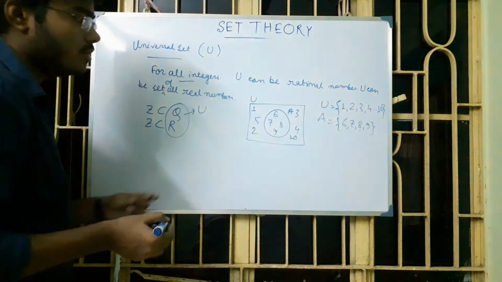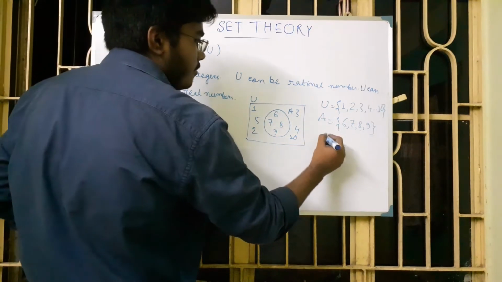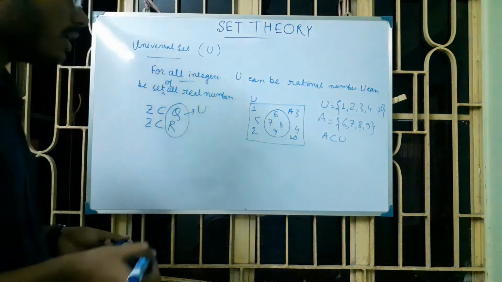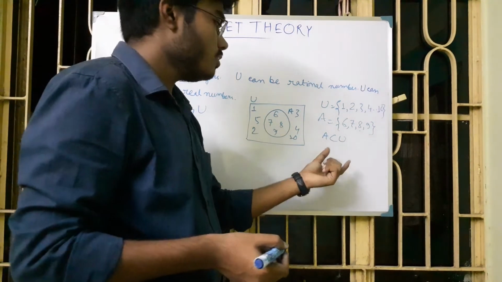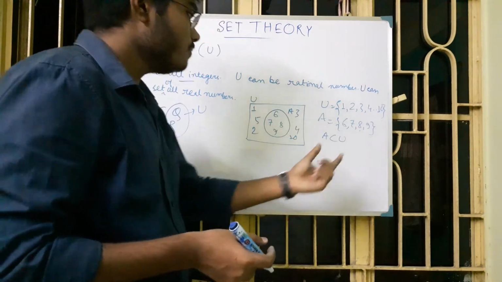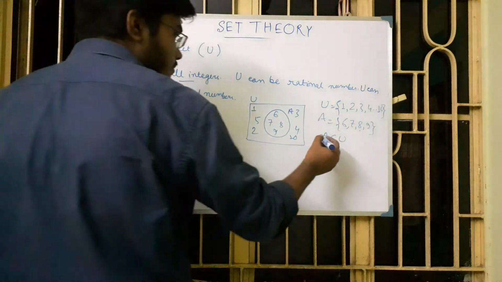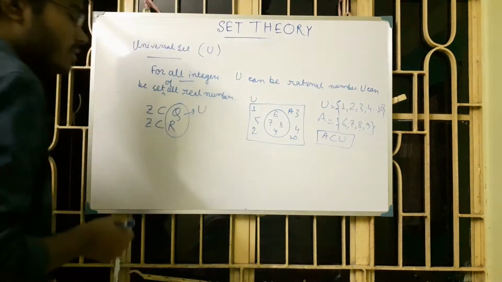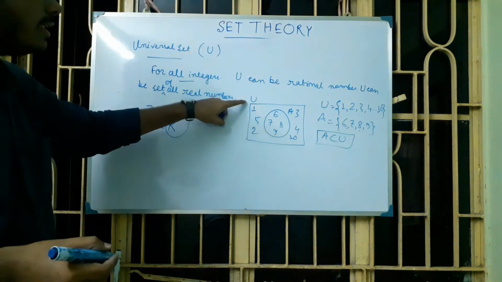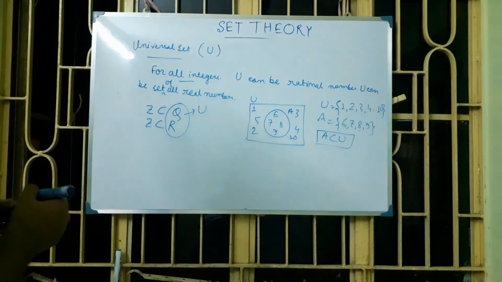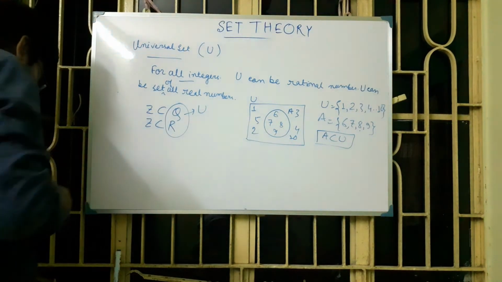These 4 terms. So A is a subset of U, and in this case, U is the universal set for the set A.